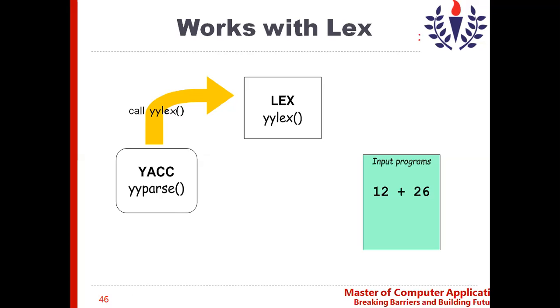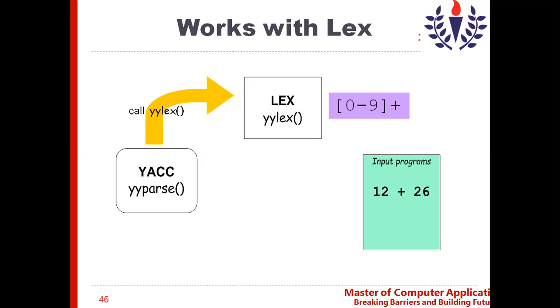Now it's the job of Lex to return the token, because Yacc asks Lex for the token. To recognize the input, Lex will have a pattern, and regular expressions are used to form the pattern. So, 0 to 9 plus.